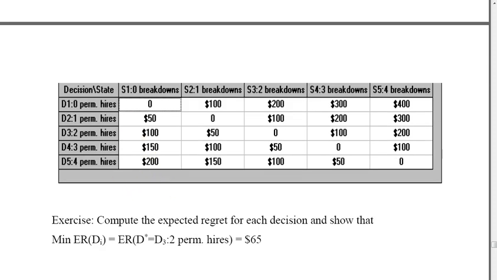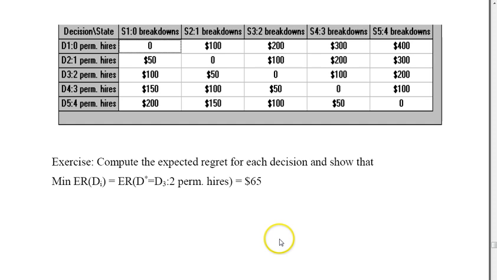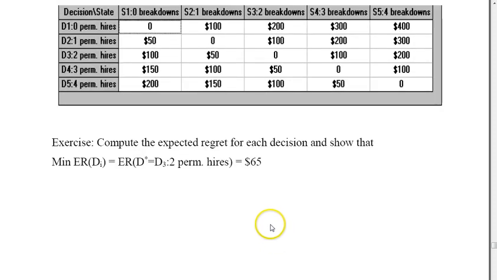So if I were to look at the minimum regret for all these 5 decisions, it is going to be $65, and that's the exercise you are asked to complete. And you can see how this really fits well with the decision analysis model. Okay, thank you. Hope this was helpful.